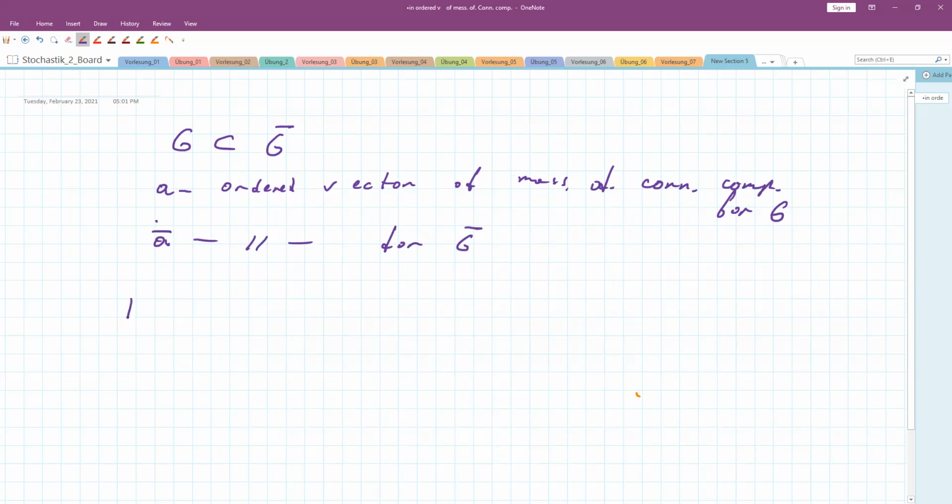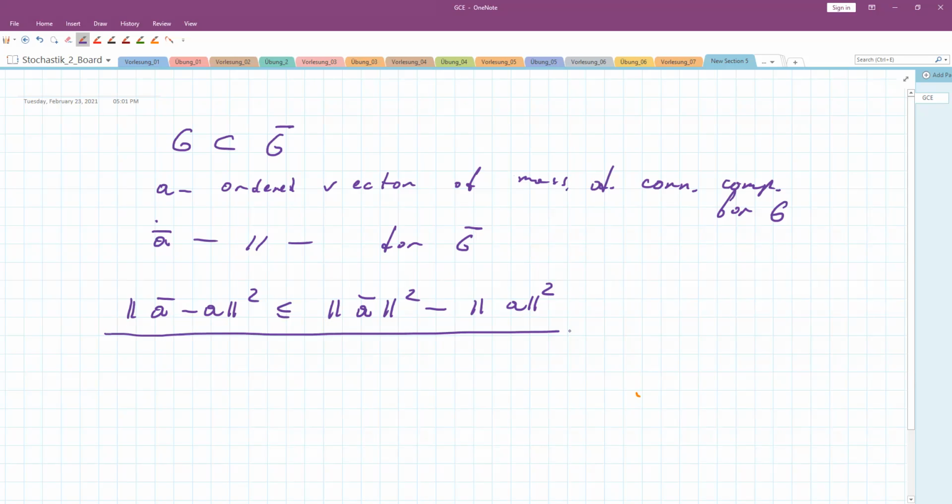Then it turns out that the norm of A bar minus A, squared, is less than or equal to the norm of A bar squared minus the norm of A squared. Oh, I see, in the order. You can consider that as an exercise; it is not complicated to prove.